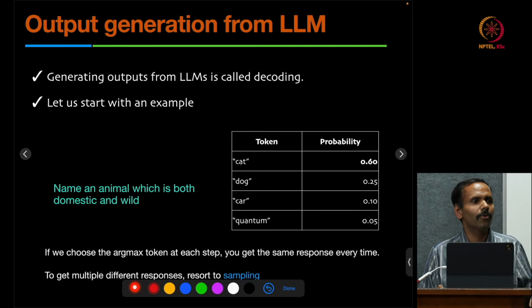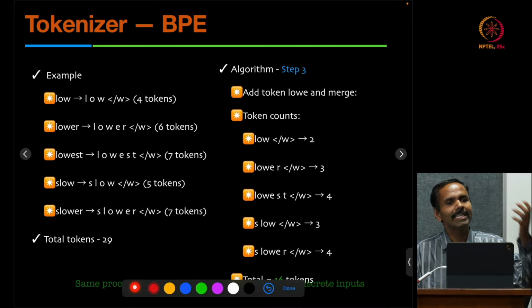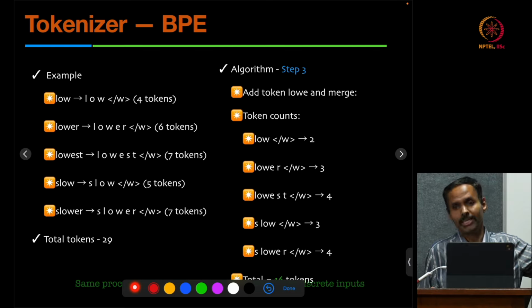Of course, there are a lot of other approaches, but what we discussed is perhaps the most common one. And many times when we see versions of models coming out, let us say very recently, last week, Gemini 3 got announced. And suddenly you say it has many newer capabilities, newer language support and so forth. Fundamentally, what has happened? Of course, training data has increased, but the tokenizer has also changed, right?